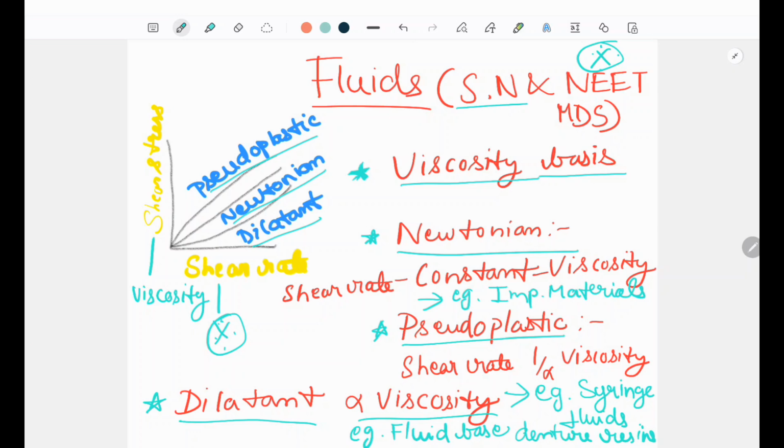When we use the fluid-based denture resins, when we decrease the shear rate, the viscosity is not much. But when we apply some tension and some shear rate over the fluid denture base resins, what happens? The denture base hardens, and then we will get a good proper denture. So that is an example of dilatant fluids.